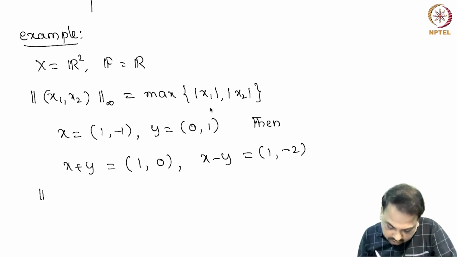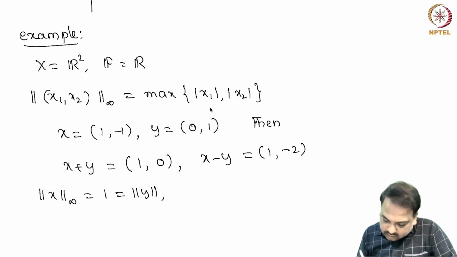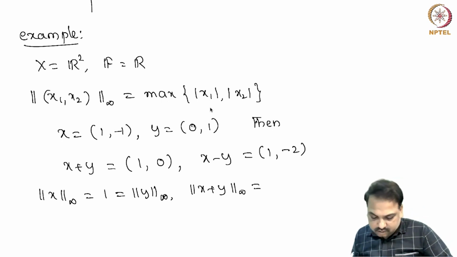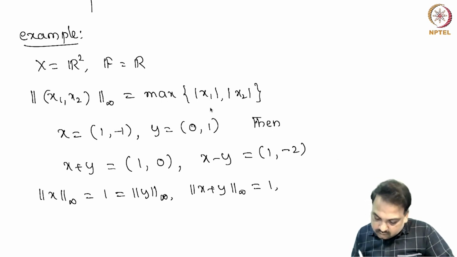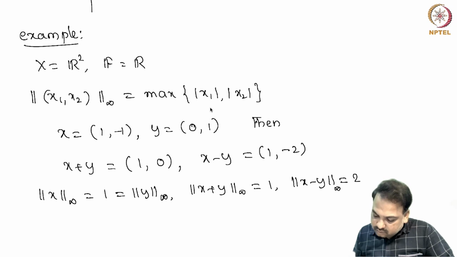So if you look at norm of x, it is 1, and this equals the norm of y, whereas norm of x plus y is nothing but 1, and norm of x minus y is nothing but 2.